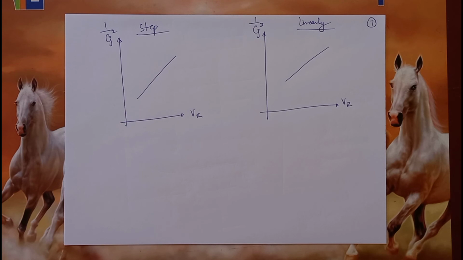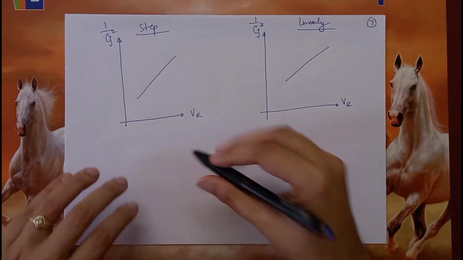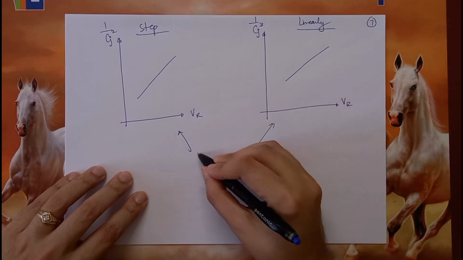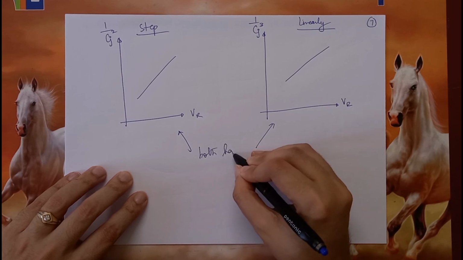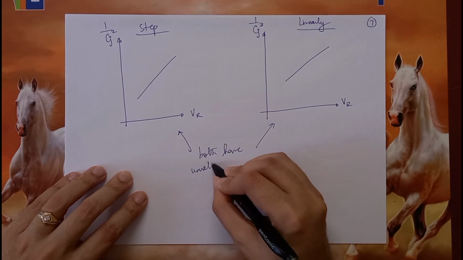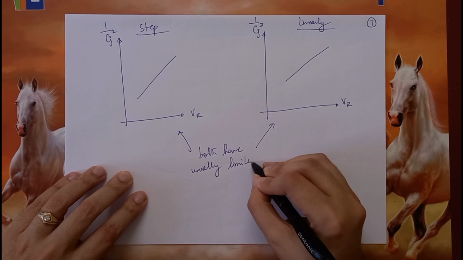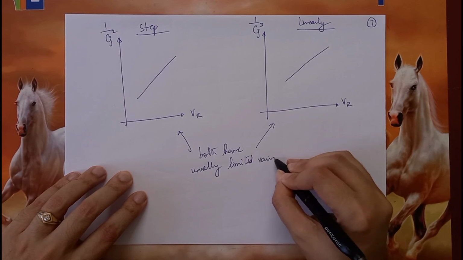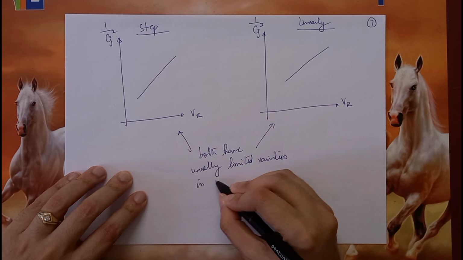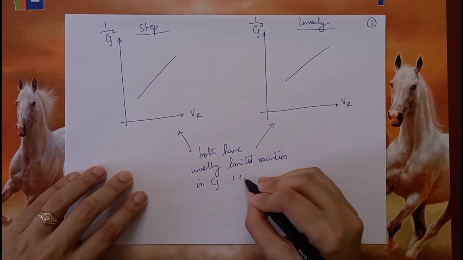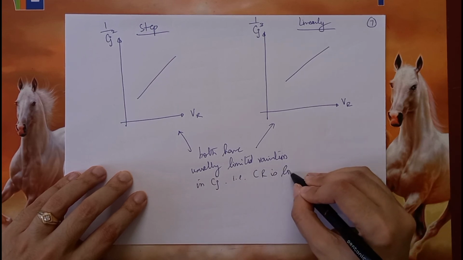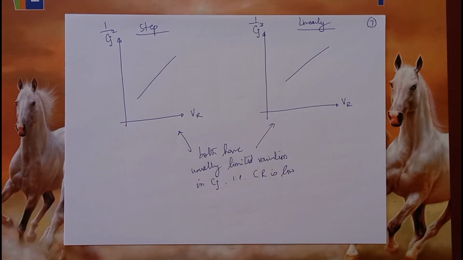But the point is, what are some ways in which we can increase the capacitance variation? The CR or the capacitance ratio is quite low.